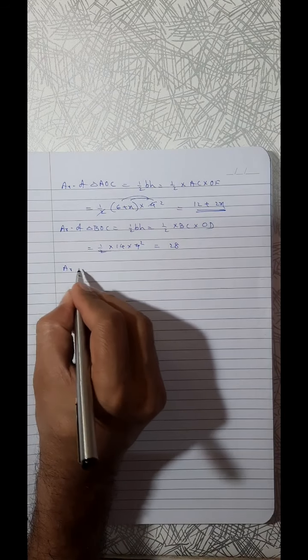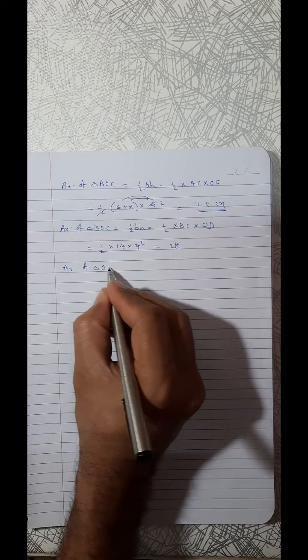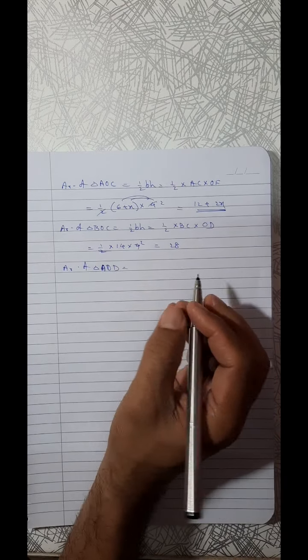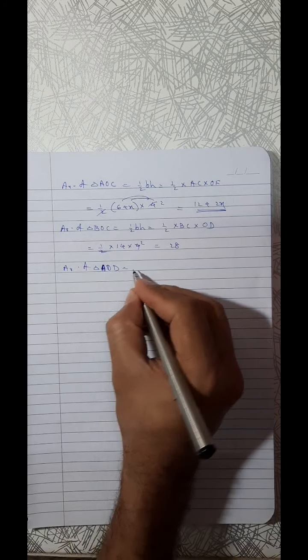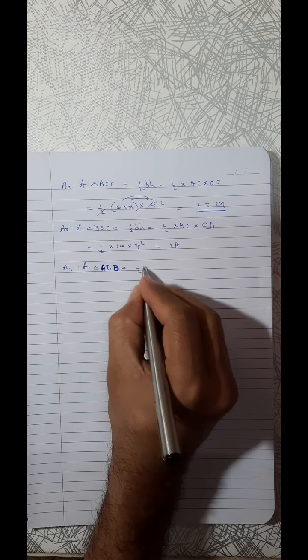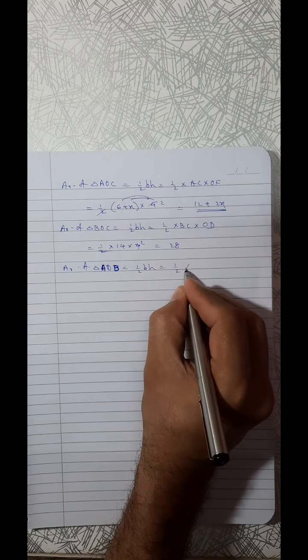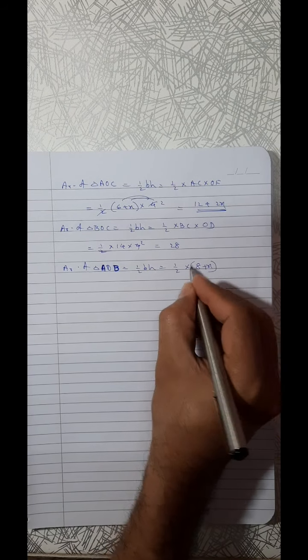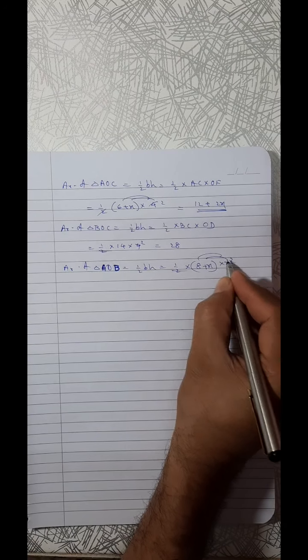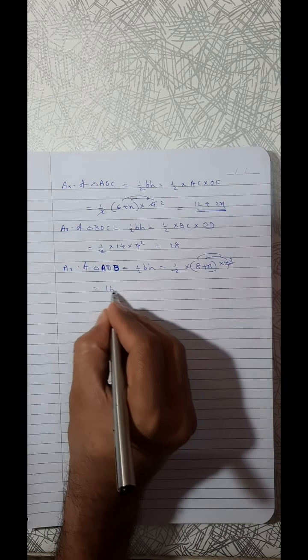Area of triangle AOB equal to half into base 8 plus x into height 4. Cutting is possible. Opening the bracket, 2 into 8, 16 plus 2x.